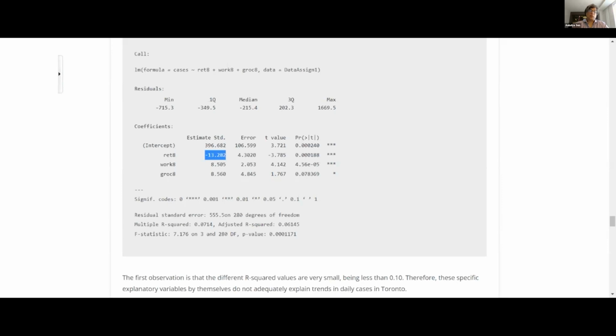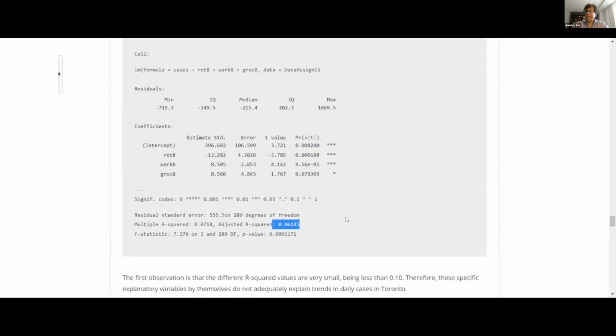When you have a counterintuitive sign, usually the reason is that you're picking up the effects of another variable, which could be included on the right-hand side, and it's not there. So it's more likely that retail mobility is picking up the effects of something else. And that's also likely because the R-squared is so low.